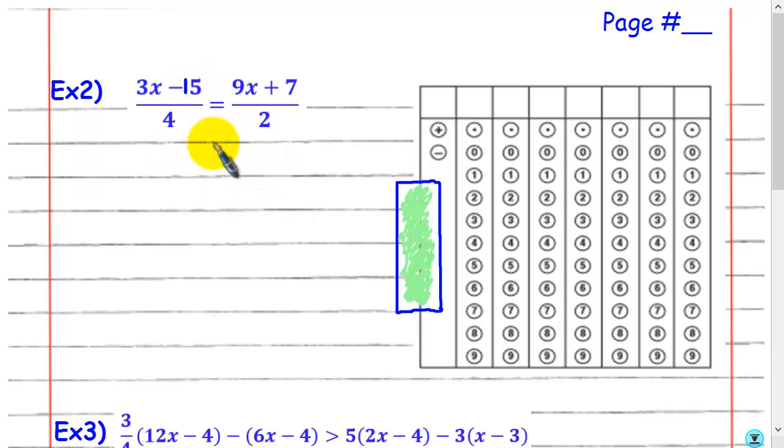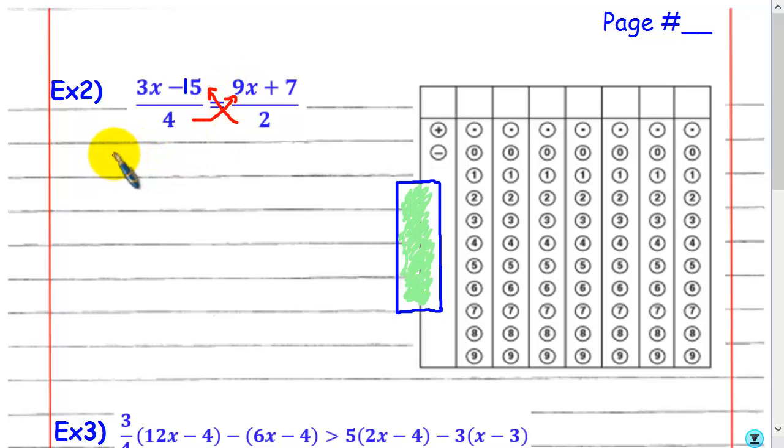So here we have example number 2, and if you notice, we have a fraction on both sides. When we have a fraction equals a fraction, what we can do to get rid of the fraction is cross multiply. So basically, we're going to take the numbers that are on the bottom and move them up. This 2 is going to go to the left side, and the 4 is going to go to the right side.